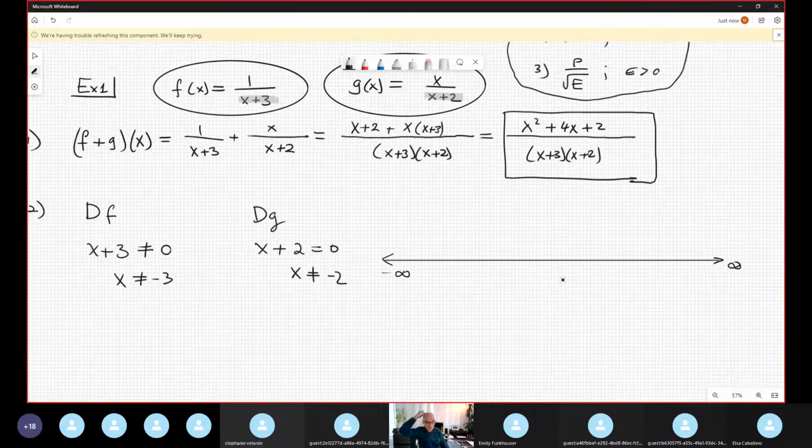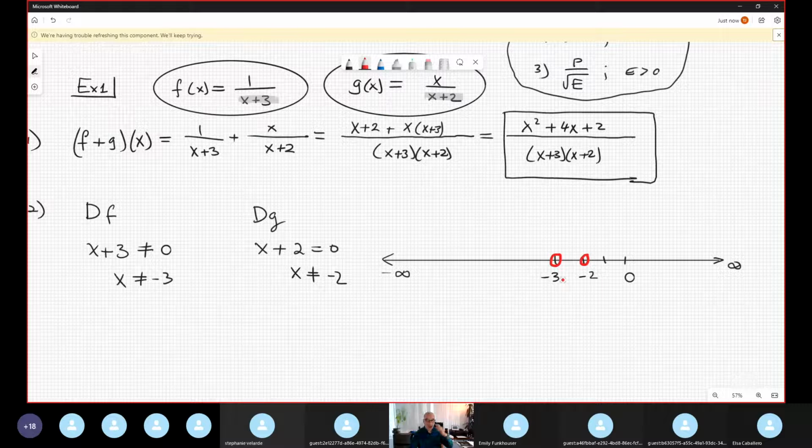Cool. 0 in the middle here, not necessarily in the middle, because the points are -2 and -3. -1, -2, and -3. At -3, we have a hole, because it is undefined. And at -2, we have another hole. It's the only restrictions in this function.